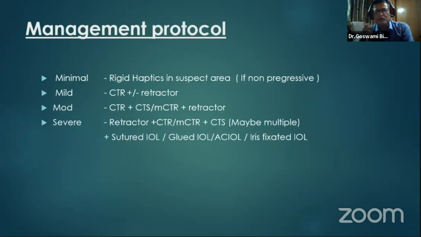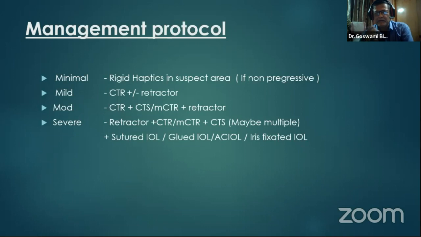My management protocol is like this. In the minimal, I will go for a three-piece lens and see the site of the suspect and put the rigid haptics in that direction if it is not progressive during the surgery. In the mild, I will go for a simple CTR with or without retractor.